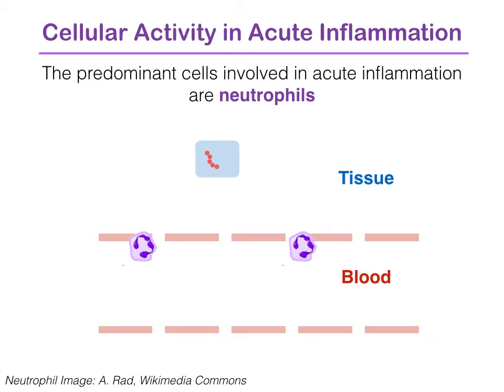When they've squeezed through the vessel wall, or migrated through, they need a signal to attract them to where the problem is. And the cells give off chemicals that attract neutrophils towards them to begin that phagocytotic process. And that process is called chemotaxis.